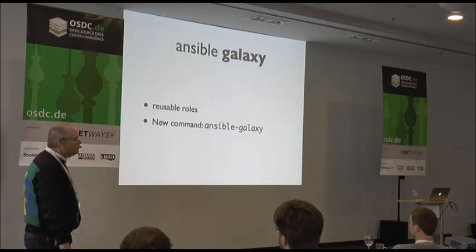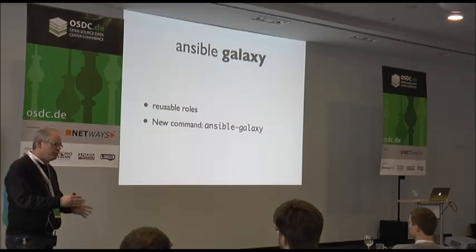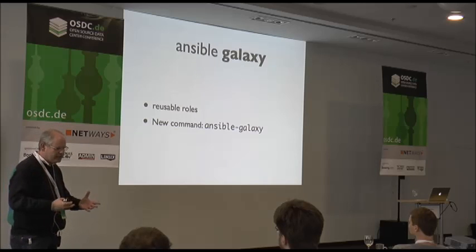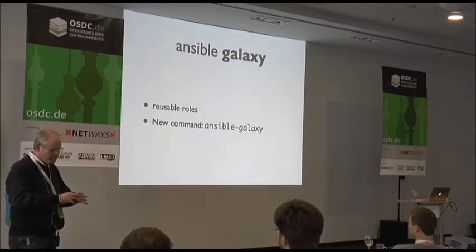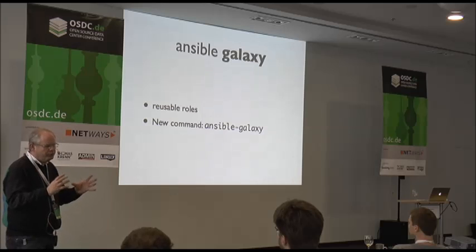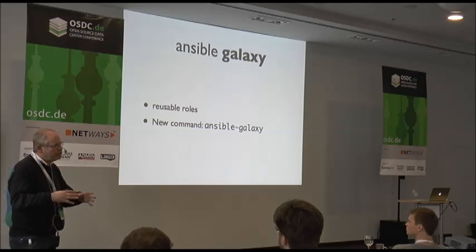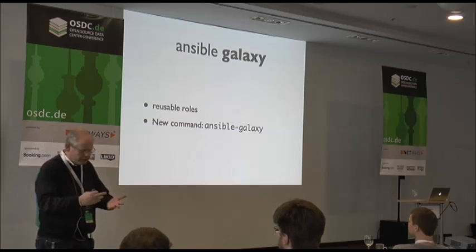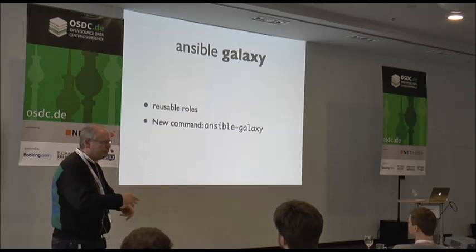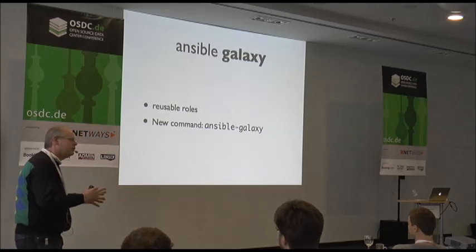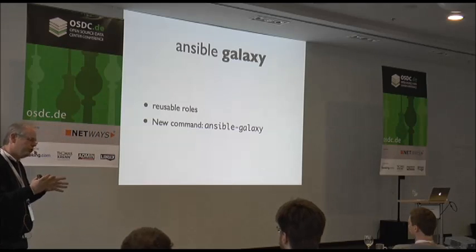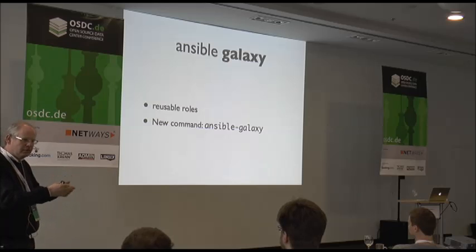Something which is relatively new is a project called Ansible Galaxy, which belongs to, or is part of, Ansible. Ansible Galaxy is a collection of hopefully reusable roles. People create a role for installing Nginx, or Apache, or Postfix, etc. And you can upload this to Ansible Galaxy.